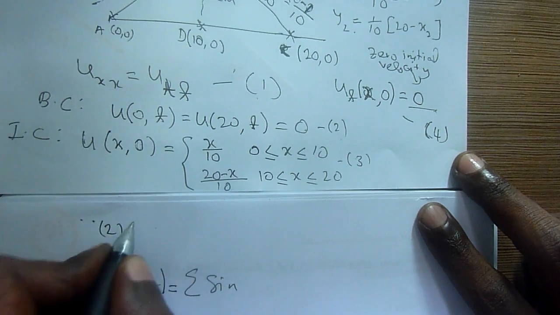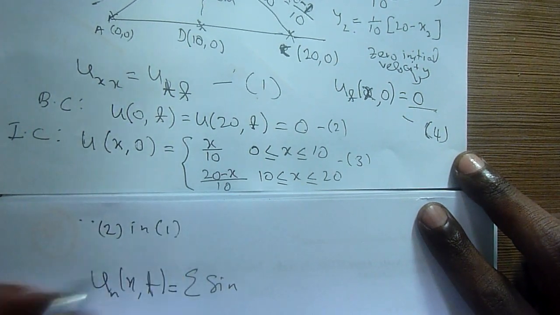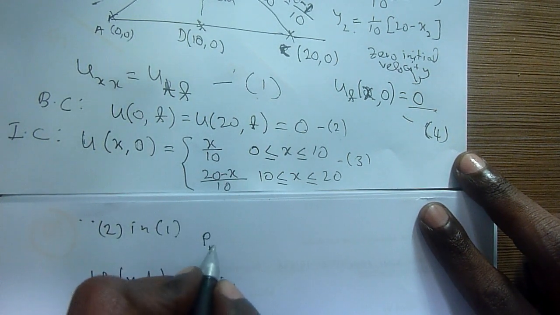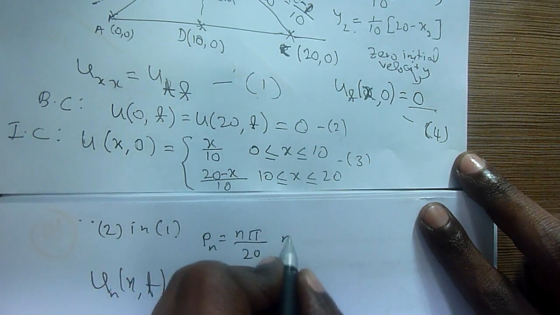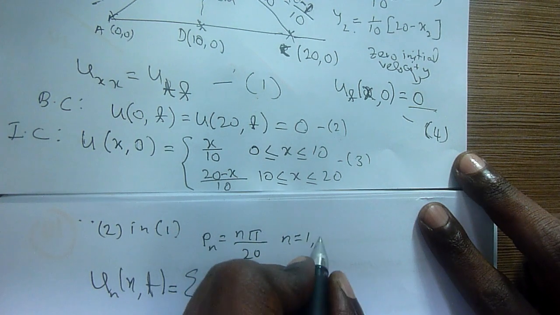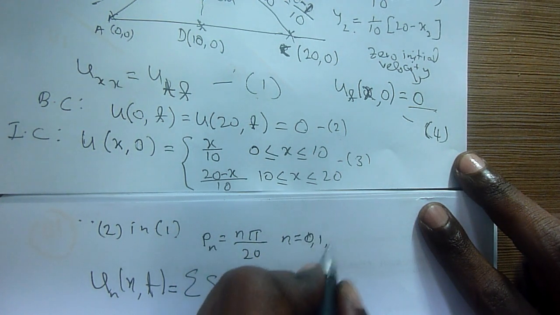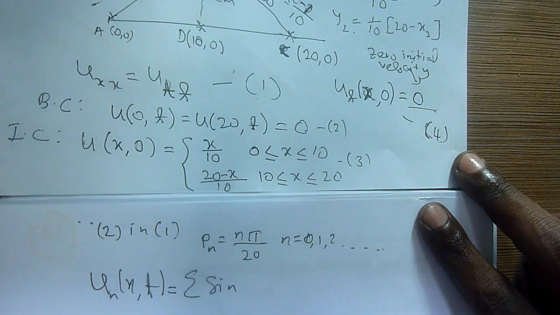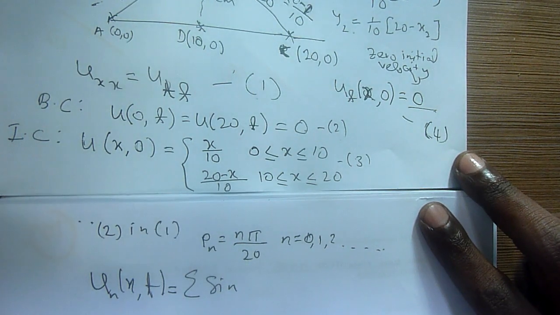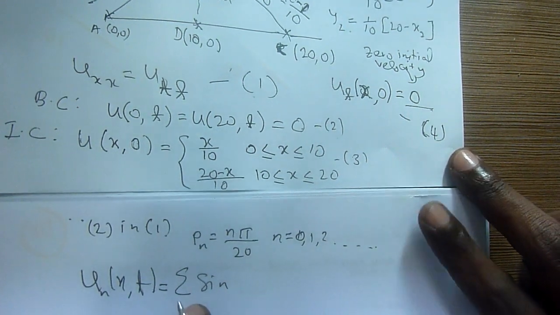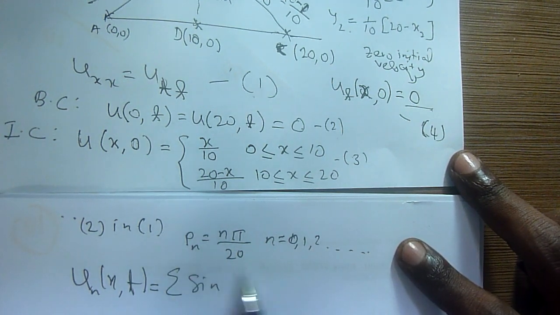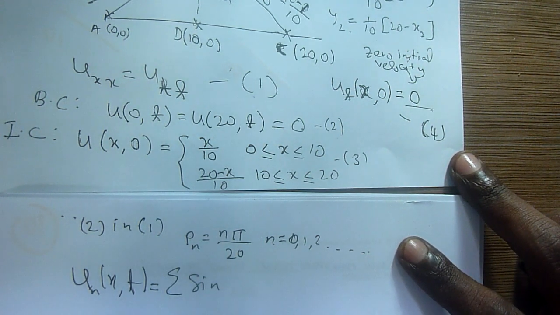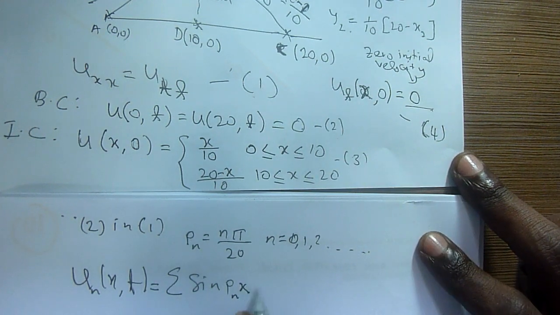Placing 2 in 1, you will get Pn equals n pi over 20, where n equals 0, 1, 2, etc. Therefore assume Pn is done. Assume we know what Pn is, so I just write here Pn x.